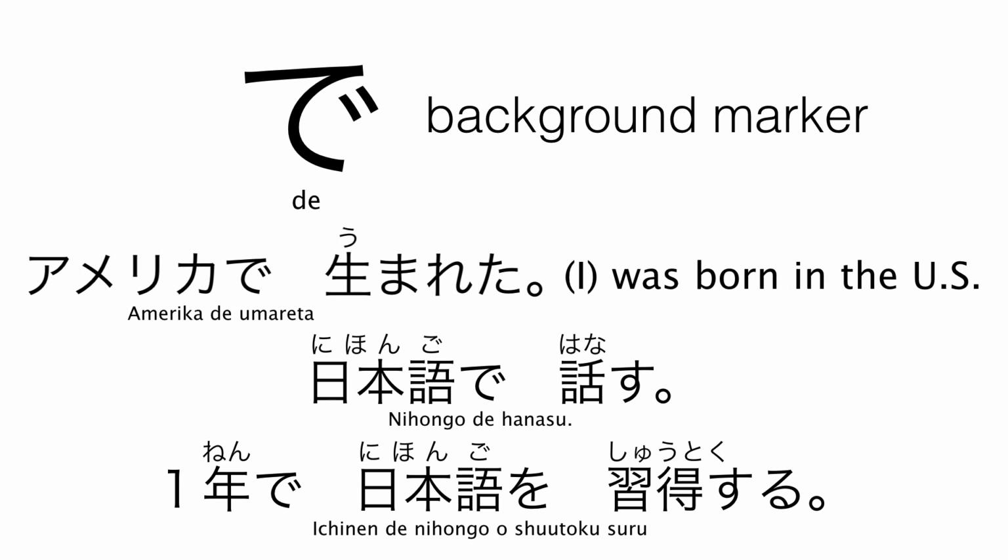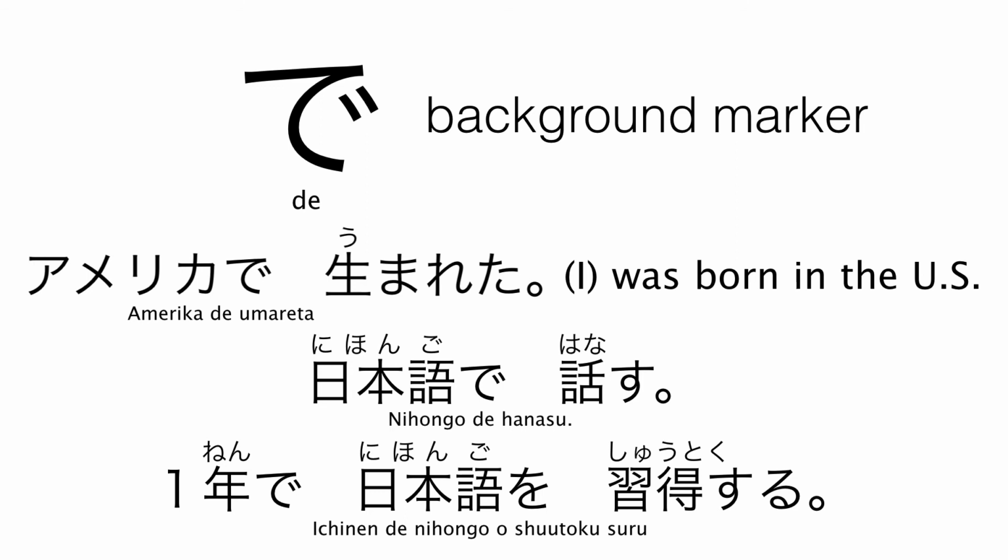The second sentence, 日本語で話す。日本語, the Japanese language. 話す is to talk. So this is clearly different from the sentence 日本語を話す, where 日本語 is marked by the direct object marker を. So it means I speak Japanese. Japanese is the language you speak. On the other hand, in this sentence, 日本語で話す, 日本語 is marked by the で particle, not を.